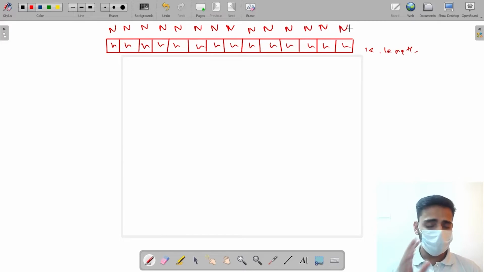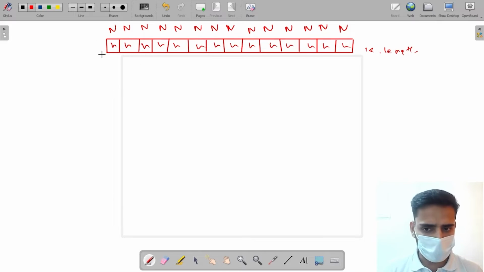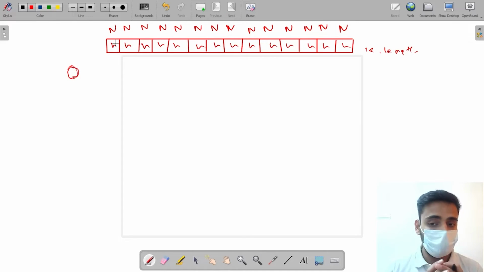So let's talk about the complexity here. Just suppose you have to apply the brute force approach, what will you do? You will take a reference node and then merge two linked lists, this one and this first one.